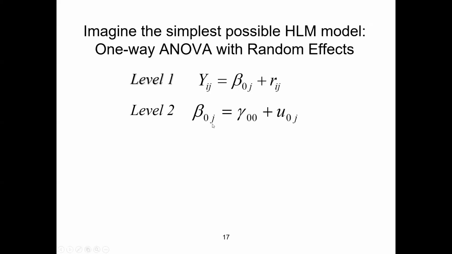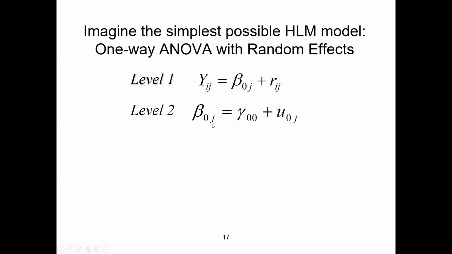Notice the double not: the first indicates that it goes with beta not, and the second indicates that this is the first coefficient. So this is like the intercept of the intercepts. The gamma not is the overall expected value on whatever y is.